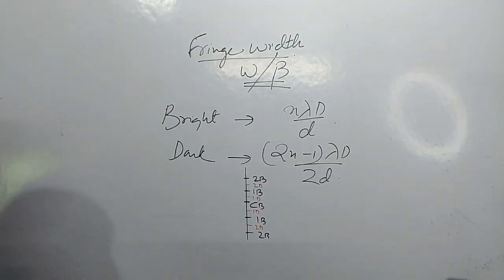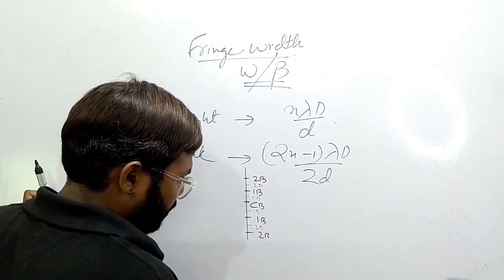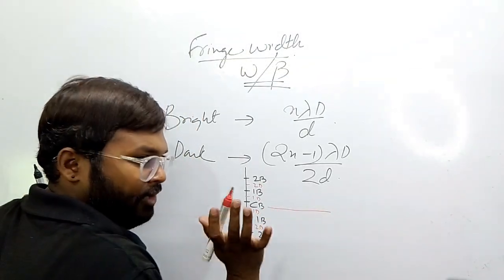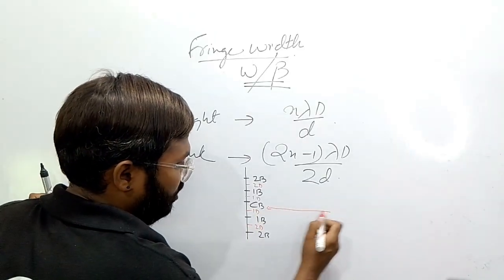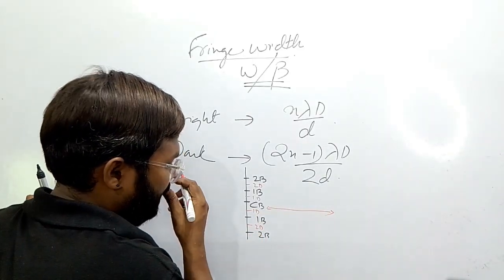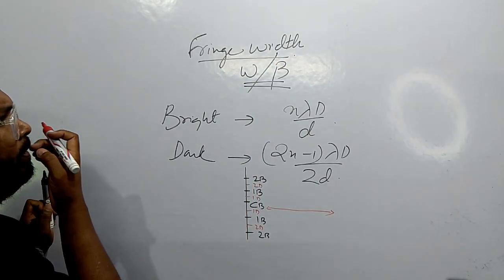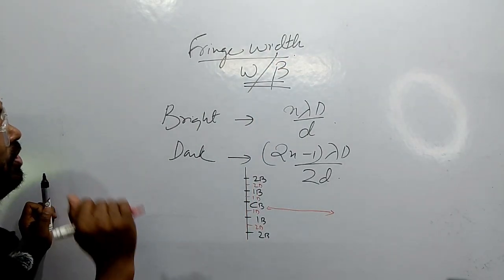See, understand very nicely. From the central, from here you have to measure. I mean to say, the bandwidth. What is this bandwidth? This is fringe width.